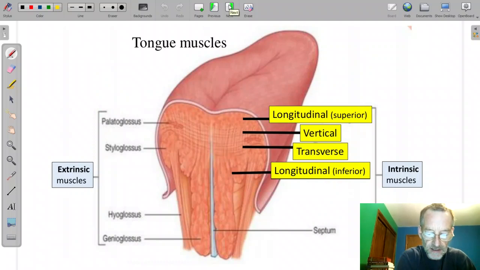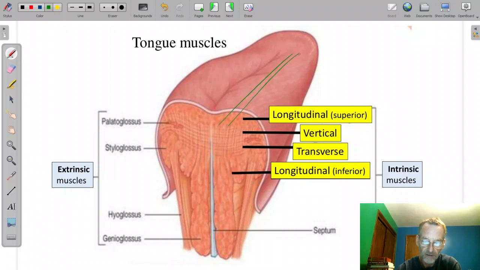And then the intrinsic muscles of the tongue. So both the origin and the insertion are inside the tongue, and the muscle fibers run in different directions. So there is a longitudinal set of muscles that run lengthwise, one group on top, which is the superior, another group, which is inferior, and they also run lengthwise.